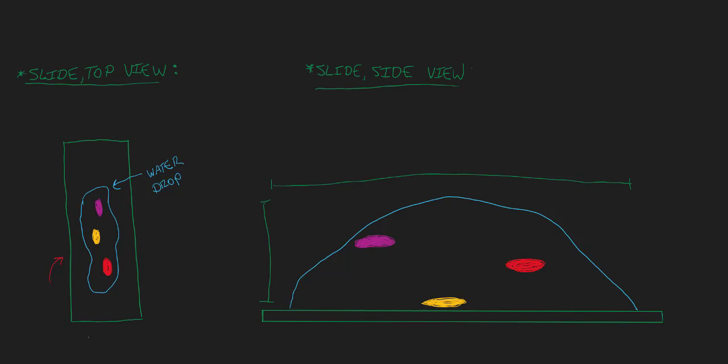All right, first thing I want to show you is something called field of view. Your field of view is the area of the slide you can actually see through the eyepiece of the microscope.